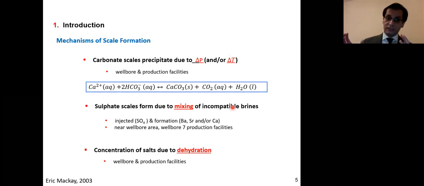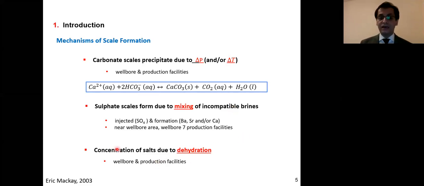Seawater is a rich source of sulfate. On the other hand, the formation water has divalent cations like barium, strontium, and calcium. Due to mixing of these incompatible brines, these anions and cations contact and react together, and sulfate scale forms.